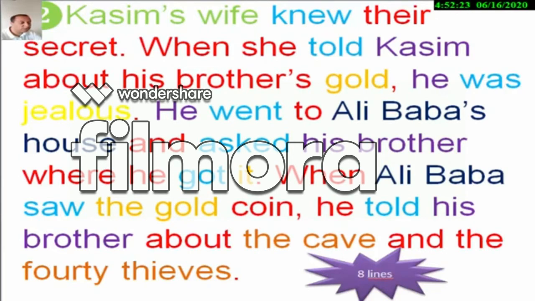Qasim's wife knew their secret when she told Qasim about his brother's gold. He was jealous. He went to Ali Baba's house and asked. D pronounced T. Pay attention. It is spelled D, but I pronounce it T. His brother where he got it.